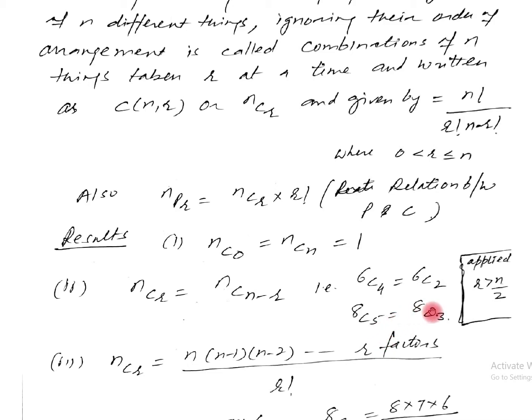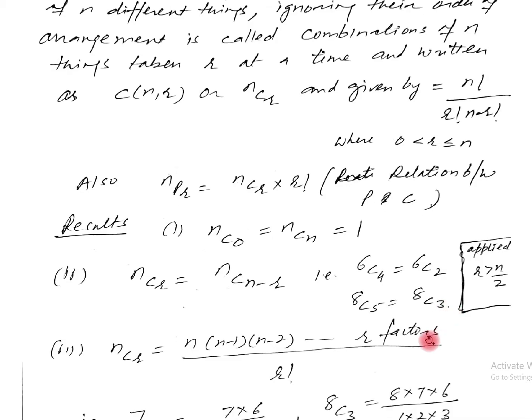This result is always applied when the value of r is greater than n by 2. Here the value of r is what? Greater than n by 2. So first we can apply 6C4 equal to 6C2, and then we calculate 6C2. Similarly, 8C5 can be written as 8C3.